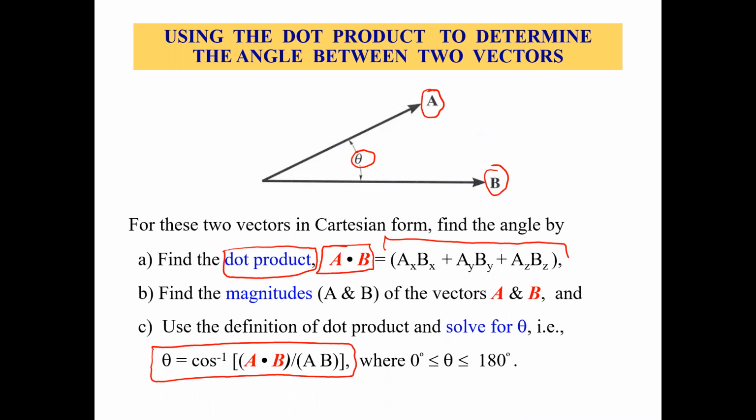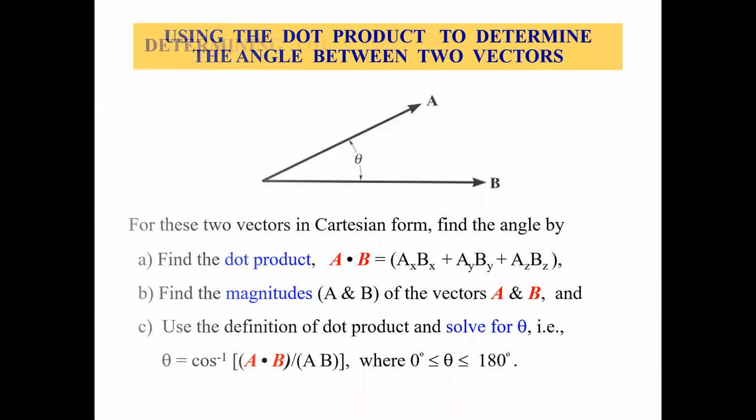So once you do that, then you can find the angle theta, which is between 0 and 180 degrees, right? Okay, so that's how you use this dot product to find the angle between two vectors.